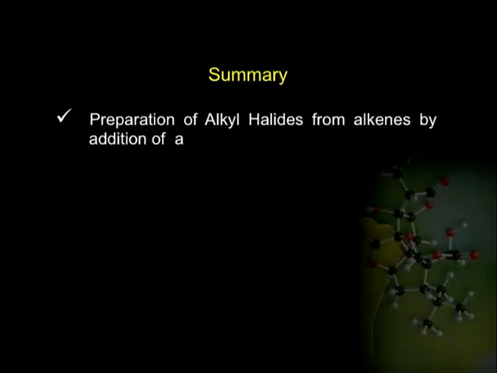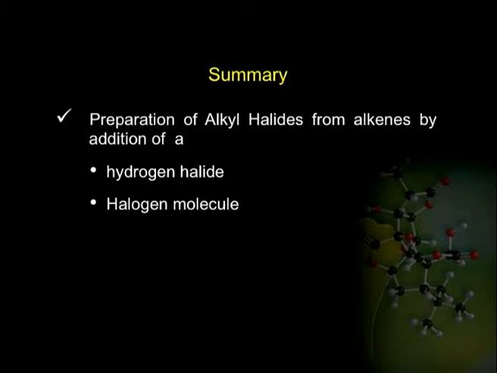So, let us sum up what all has been dealt in this particular session. We have talked about the preparation of alkyl halides from alkenes by addition of hydrogen halide and halogen molecule, and we have seen that allylic halogenation is another possibility in case of alkenes by which we can prepare alkyl halides.